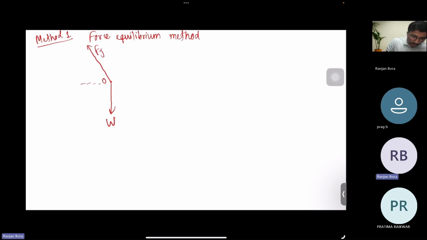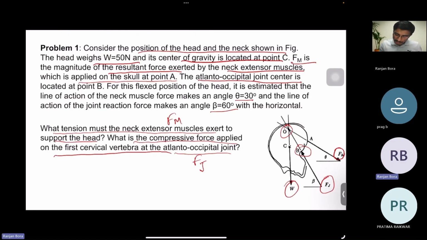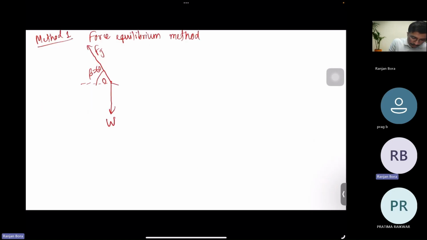And how much is beta? Beta is 60. And Fm is acting at an angle of theta with the horizontal. Here it is Fm.